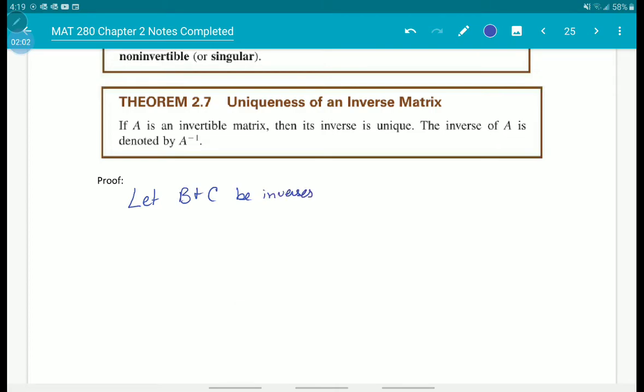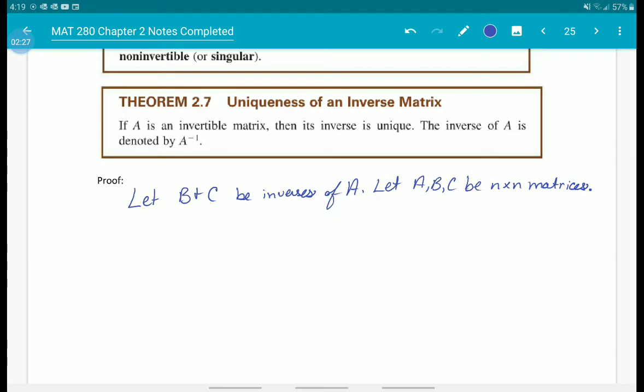All right, let's try again. So our goal is to show that an inverse has to be unique.